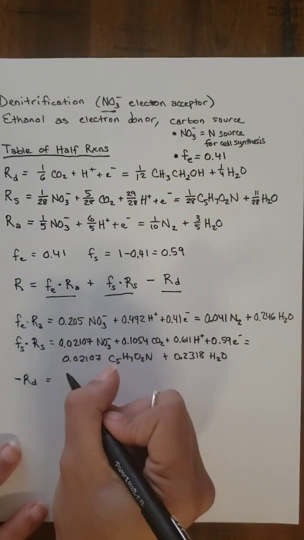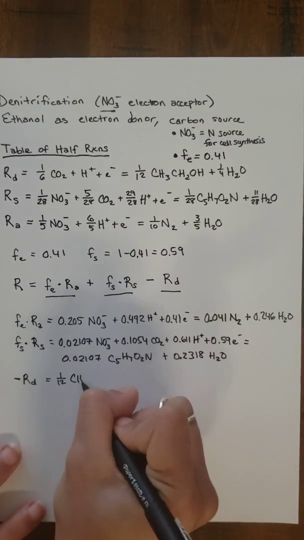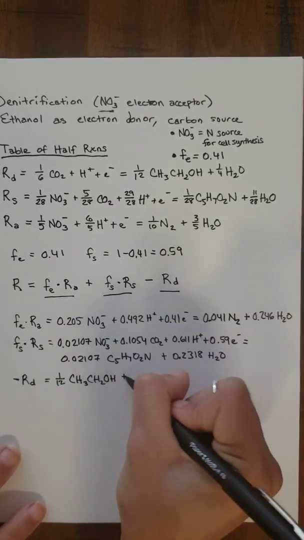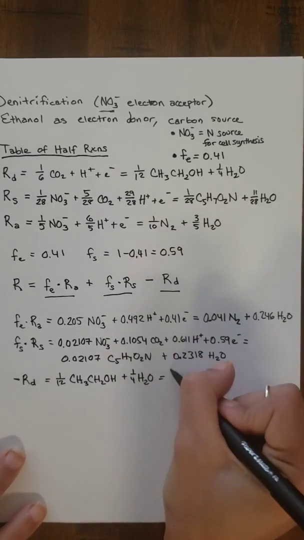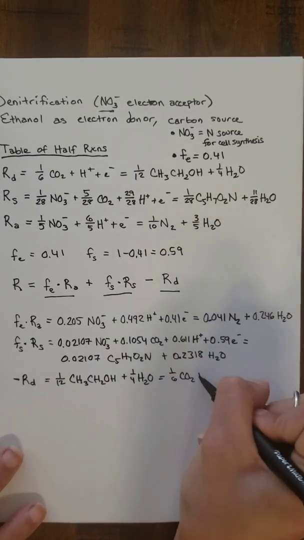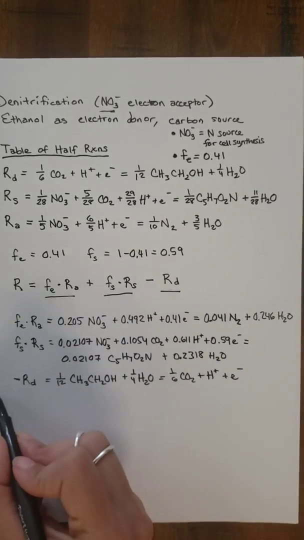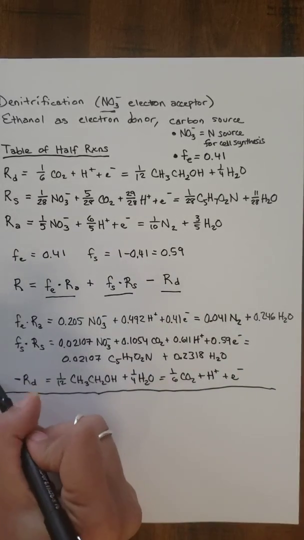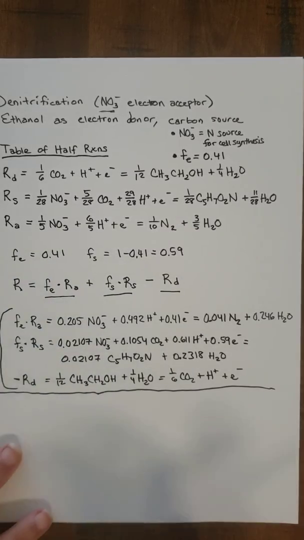So here we end up with 1/12 of our ethanol plus 1/4 H2O goes to 1/6 CO2 plus a proton plus an electron. Now if we add up these things right here, then we should get our overall reaction.